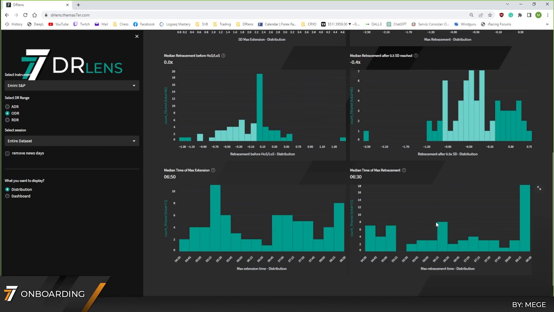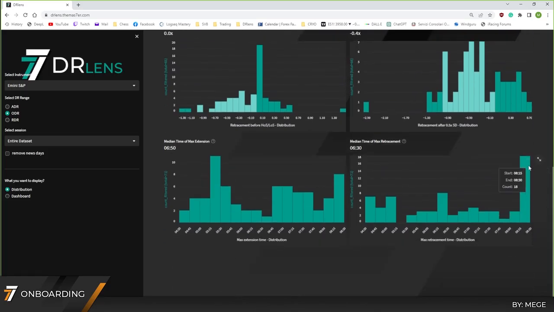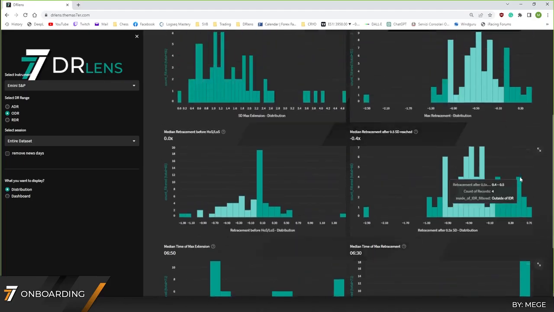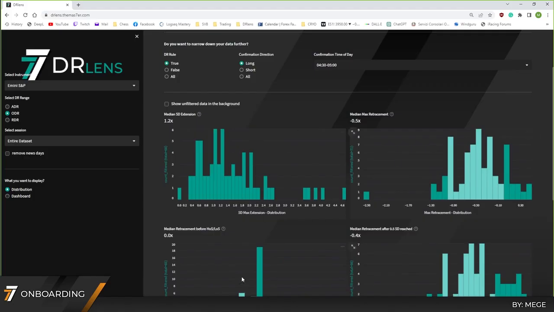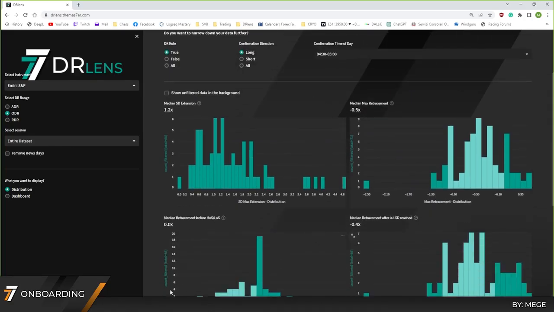Time doesn't give you a good picture, and this is usually because of the news, in preparation for the news released at 8:30 on a Wednesday. Wednesday is a day full of news. You have a CPI, you have an FOMC, sometimes you have PPI. No, PPI is on Thursday.